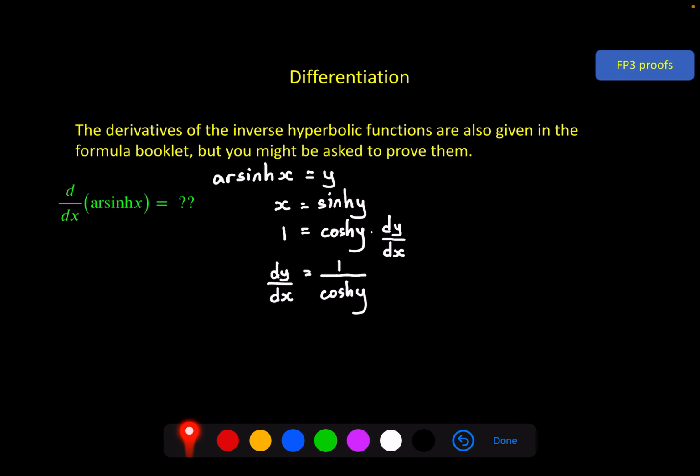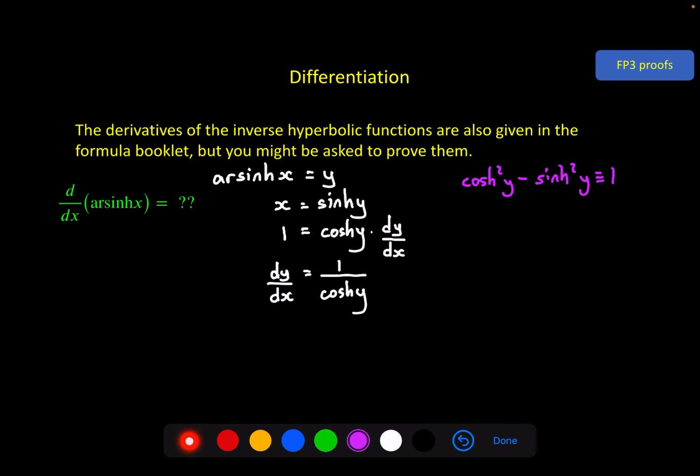It's a little bit different with the tanh, but the sinh and the cosh will both use this same identity I'm going to use, which is that cosh squared y minus sinh squared y is equal to 1. With the tanh, you'll need to use a different identity, but it is still an identity. You're trying to relate the thing that you're getting with something that can be turned back into x.